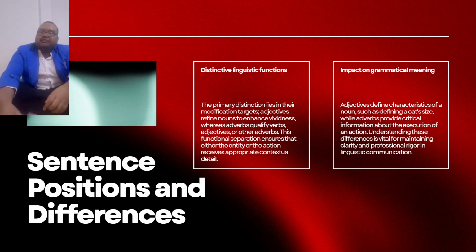Now, for the impact on grammatical meaning, adjectives define characteristics of a noun, such as defining a cat's size, while adverbs provide critical information about the execution of an action. Understanding this difference is vital for maintaining clarity and professional rigor in linguistic communication.